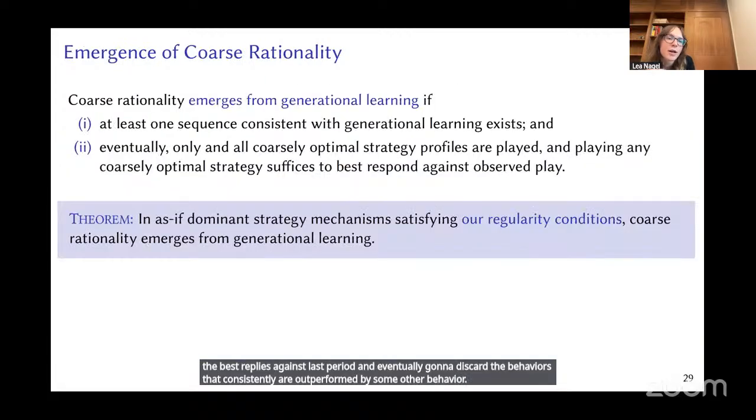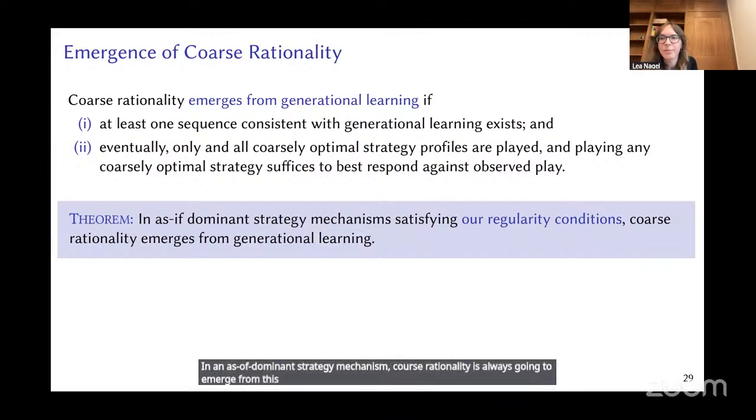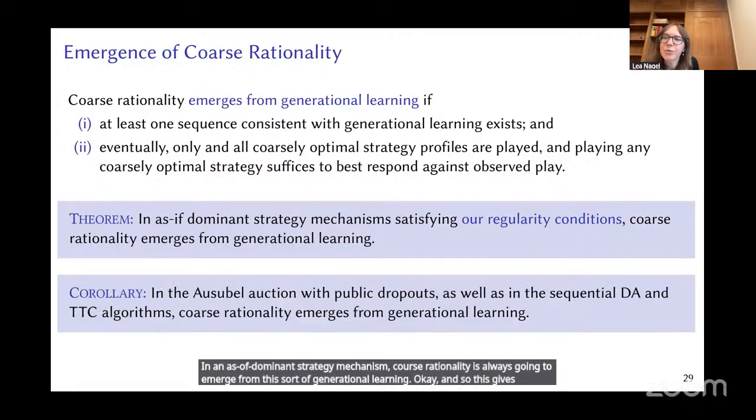Under this, what we can show is that in an as-if dominant strategy mechanism, coarse rationality is always going to emerge from this sort of generational learning. This gives you one potential reason for why this heuristic might arise in a population.